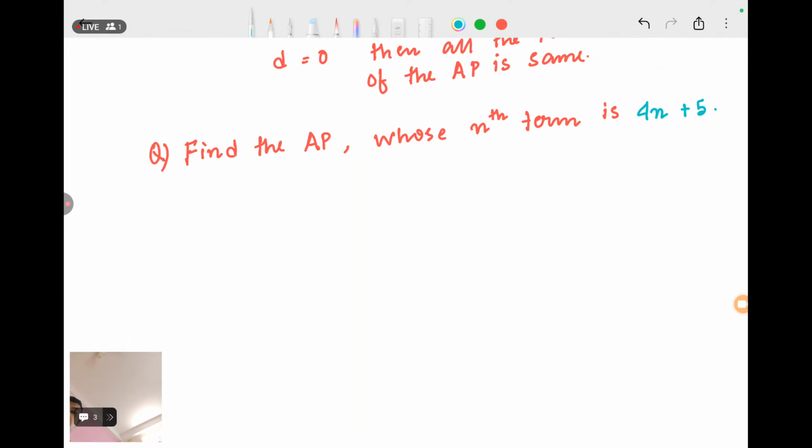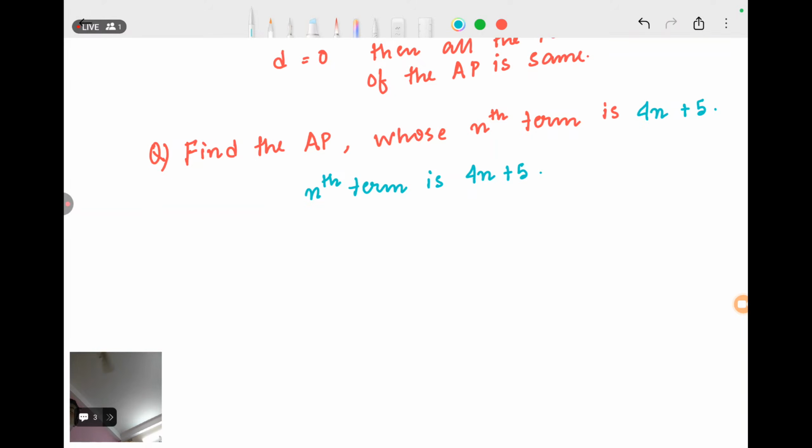Now we can say that in this AP the nth term is 4n plus 5.